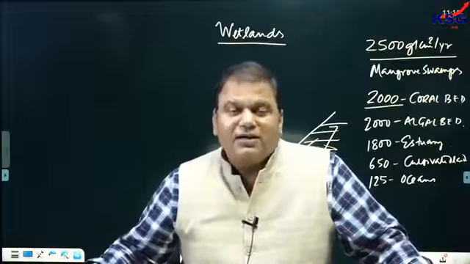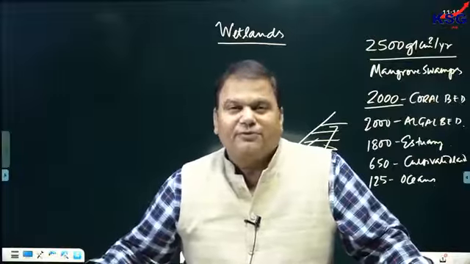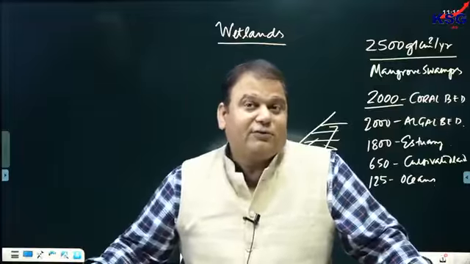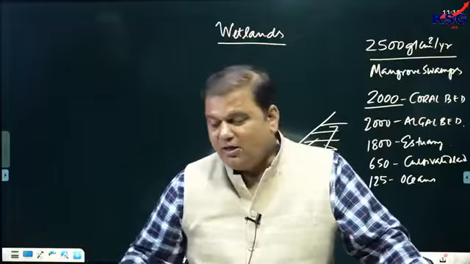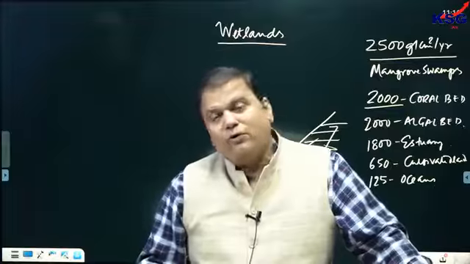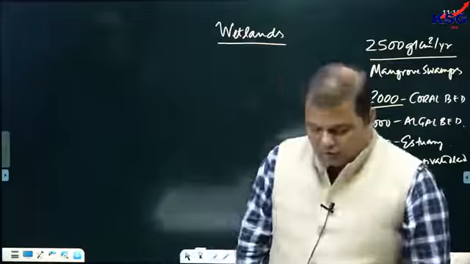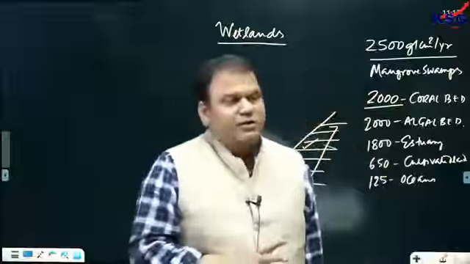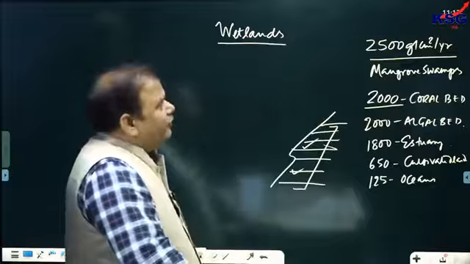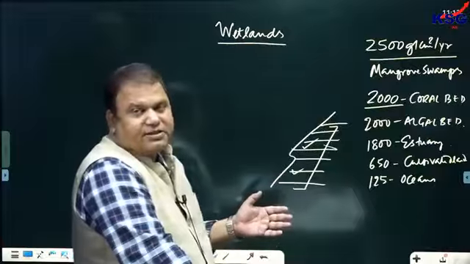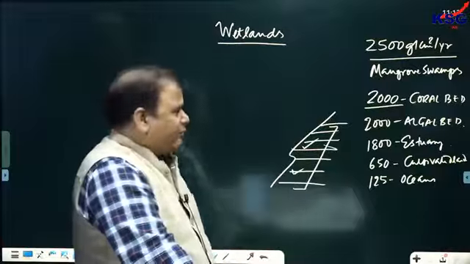So as far as wetlands are concerned, maximum productivity would be for mangrove swamps, followed by what? Followed by marshes, which are present near the rivers or the lakes, followed by what? Followed by fens, which are formed due to accumulation of underground water or surface water, and followed by what? Followed by peat bogs. So this is the order. Write down.